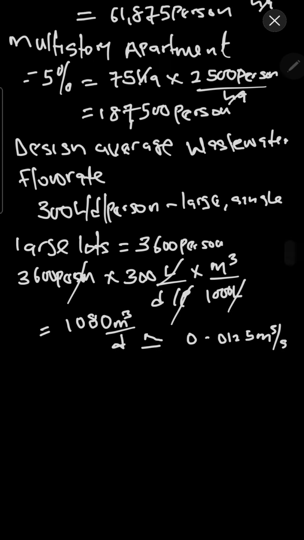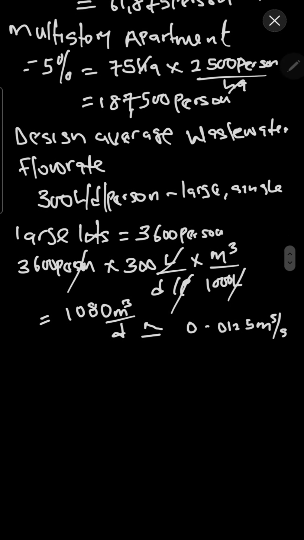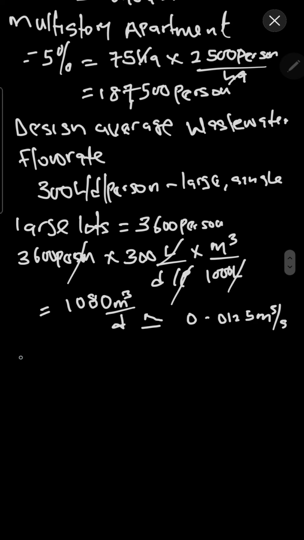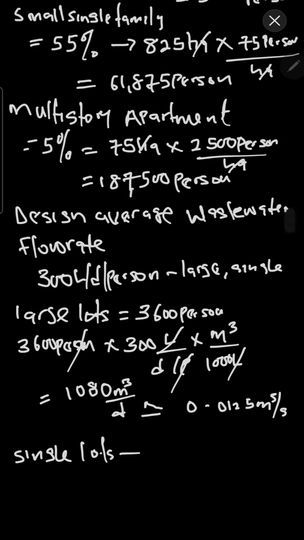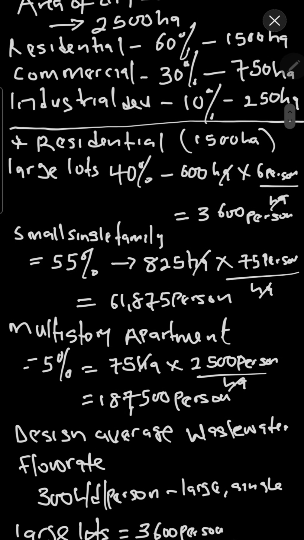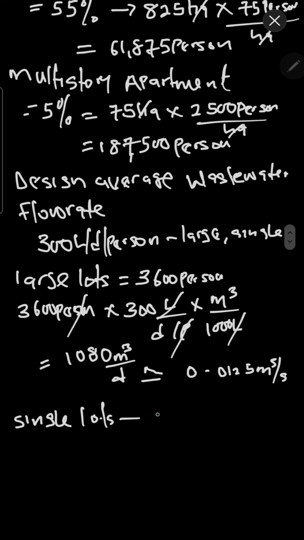So for single lot, how many persons do we have? We have 61,875 persons. I think I'm correct. Yeah.